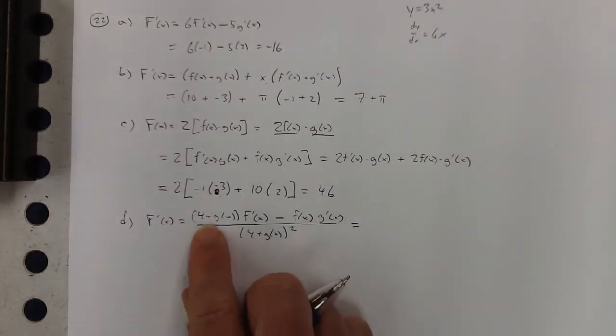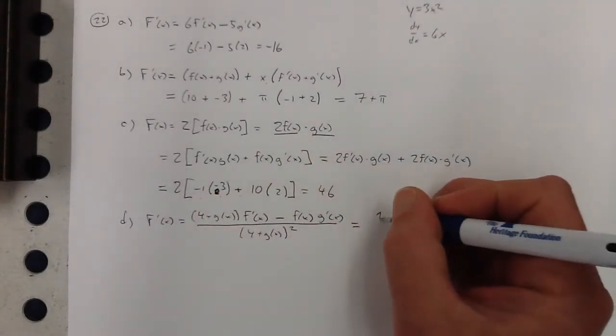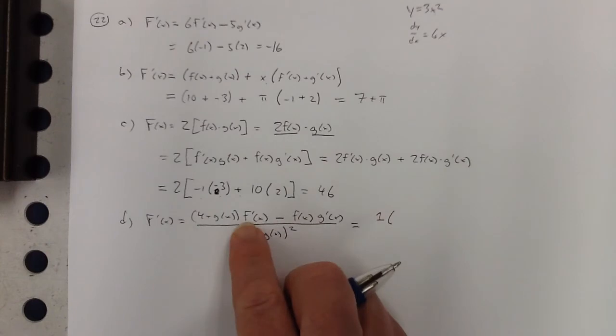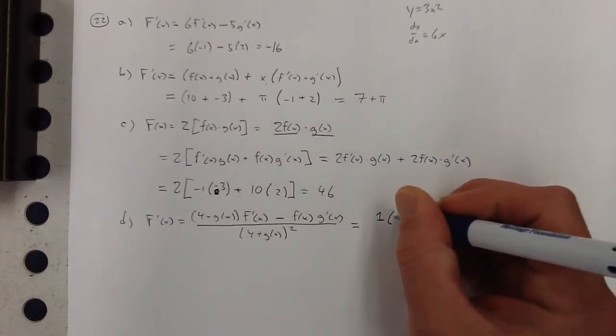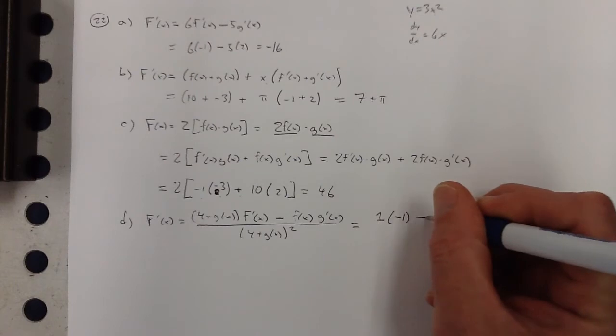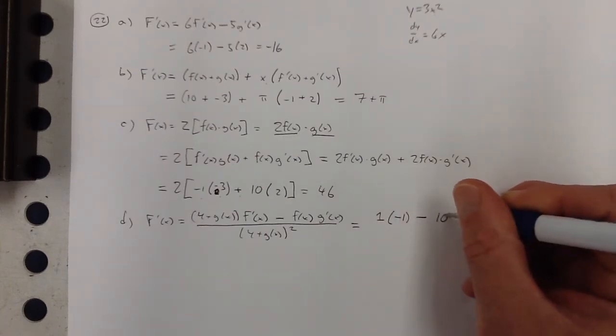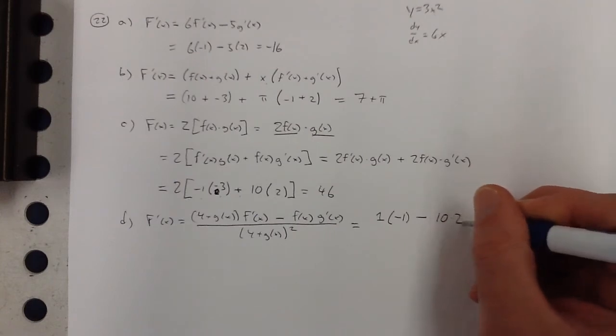So 4 plus g of pi is -3. So 4 plus -3, that's going to be a 1 there. F prime of pi, I think I'd remember what they were by now, is -1, minus f of pi is 10, and g prime of pi is 2.